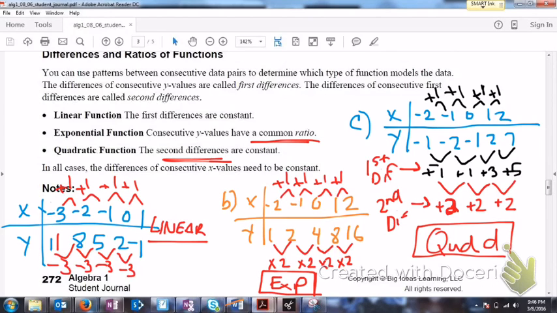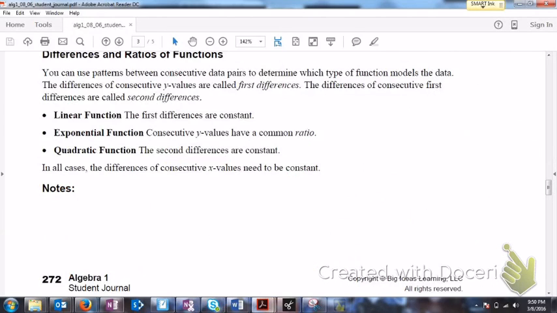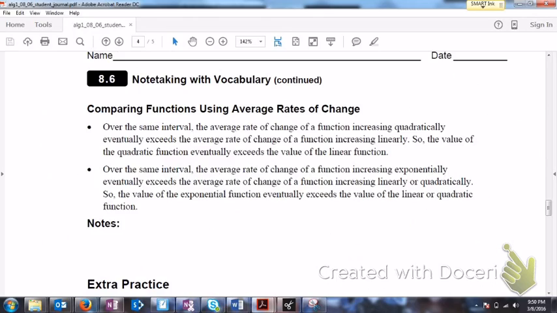Alright, we got one more little section here to talk about. We're looking at comparing functions using average rates. And when we talked about comparing functions using average rates, we're looking at the same interval here, and over the same interval, the average rate of change for a quadratic is a lot more than lines.